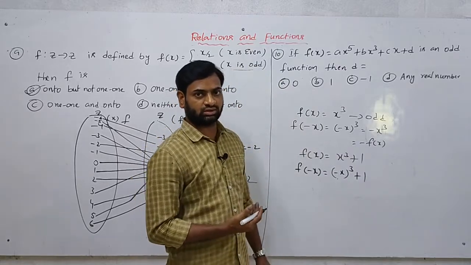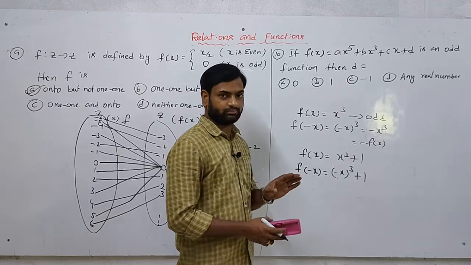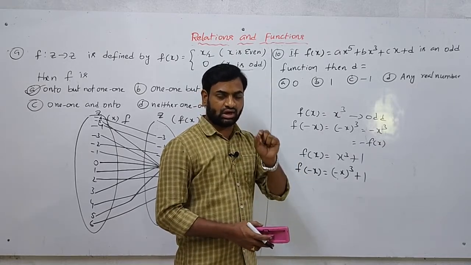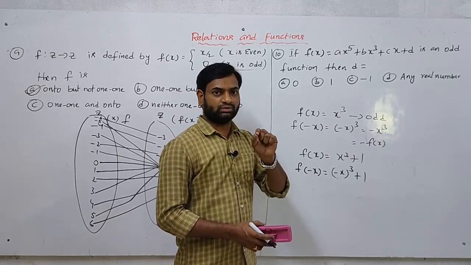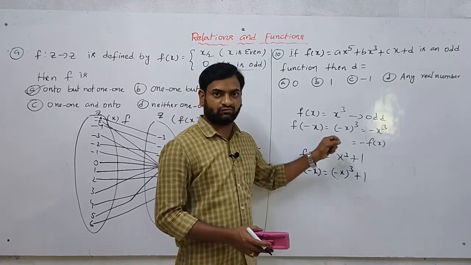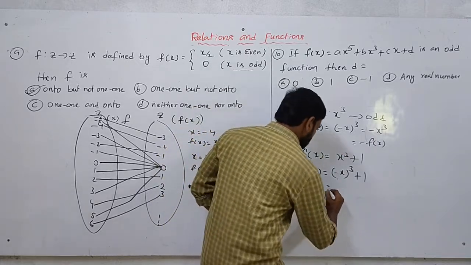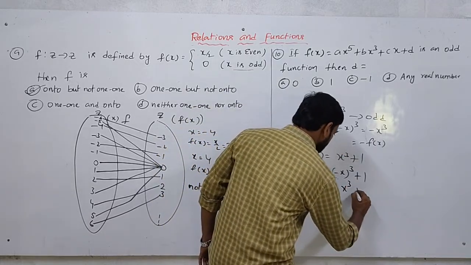Don't write minus 1. Just in place of x you have to write minus x only. When you have an x term, you substitute minus x in place of x. Constant never changes. That is minus x cube plus 1.